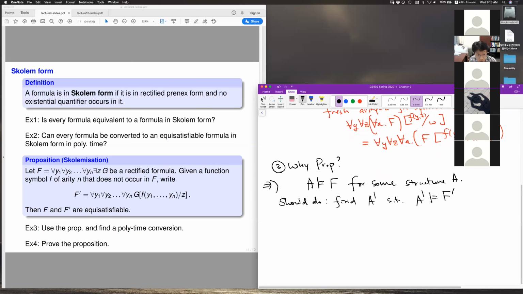That's what equisatisfiability means. And now the question is, how should we find A prime?